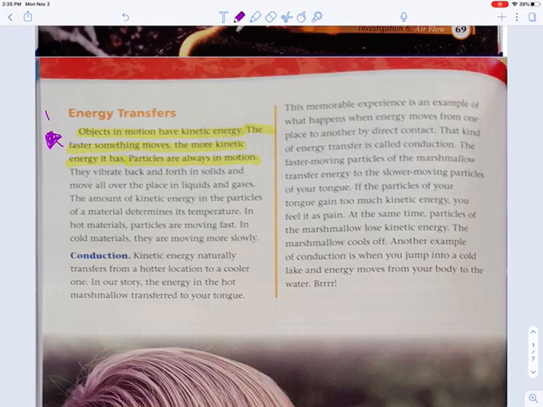And then I'm going to explain that this is what happened in our lab when the hot water increased the kinetic energy of the water particles.